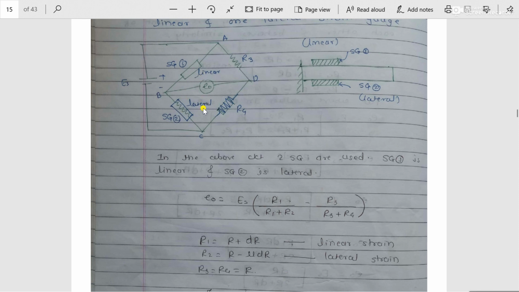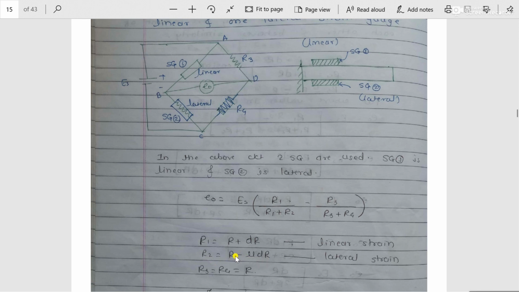If a linear strain gauge is there, we need not multiply the change in resistance by mu. But if any lateral strain gauge is provided in the bridge circuit, then in that condition we have to multiply the change in resistance by mu, wherever such lateral strain gauges are pasted in the bridge circuit. Therefore the value of R2 becomes R2 is equal to R minus mu into delta R.